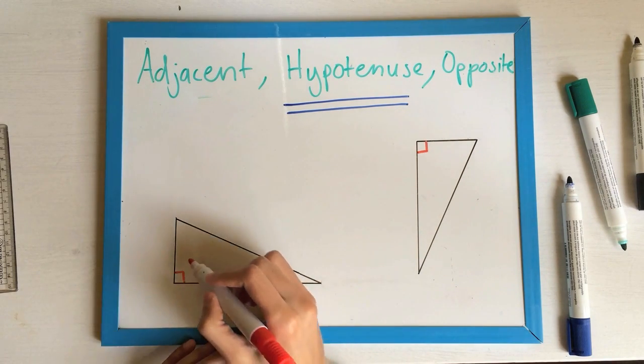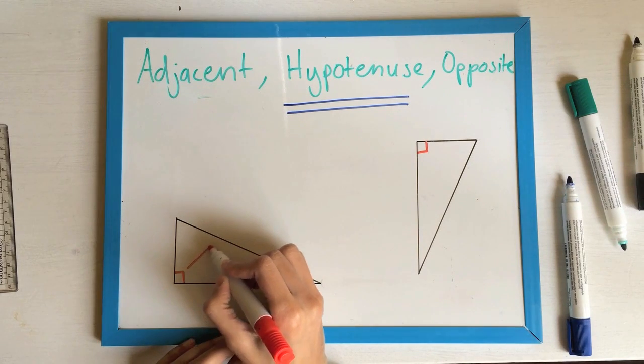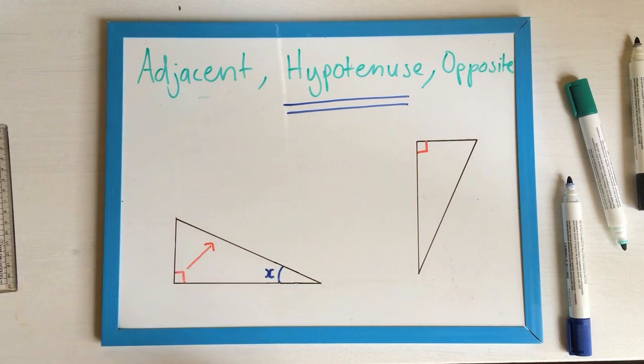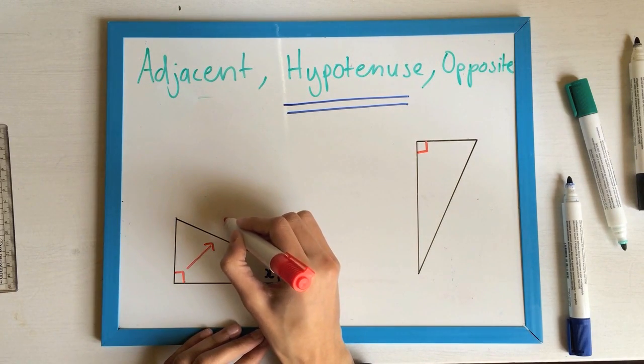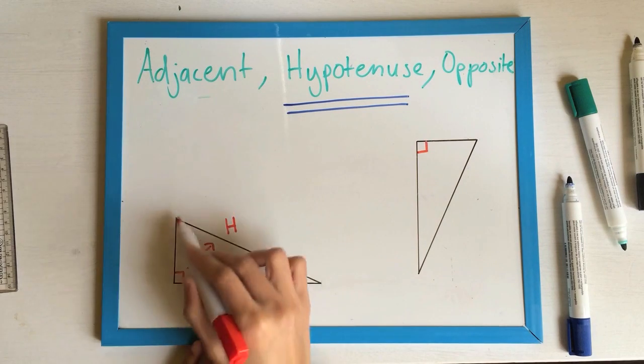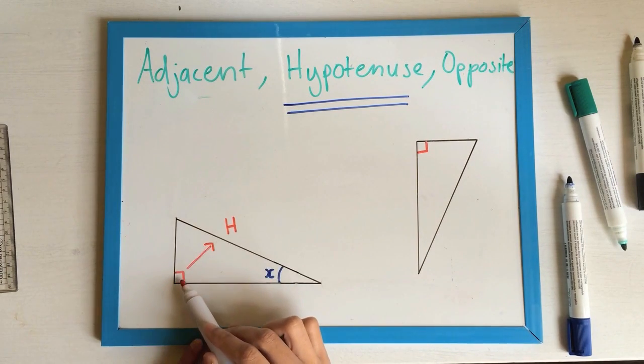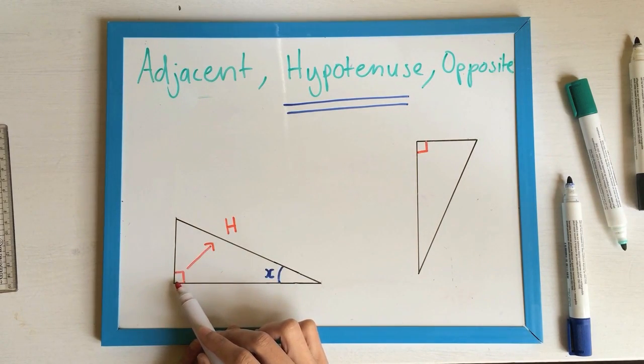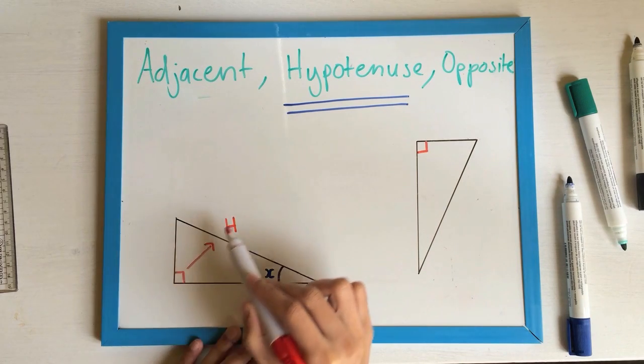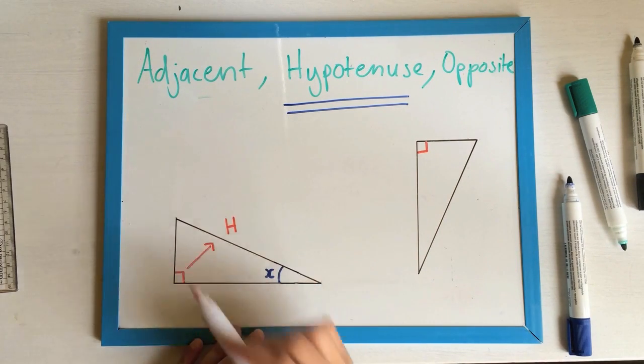The hypotenuse is always directly opposite the right angle. It is also the largest side of a right angle triangle. So for this triangle, opposite the right angle and the longest side is this side here.